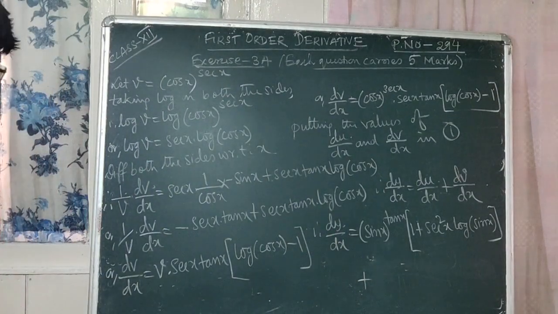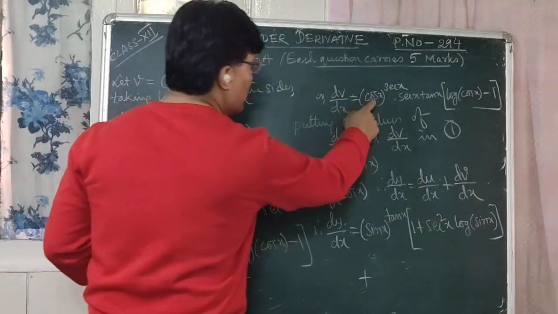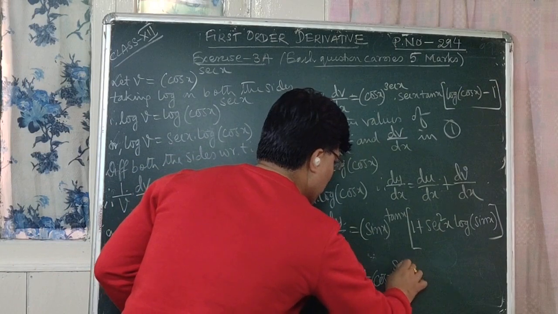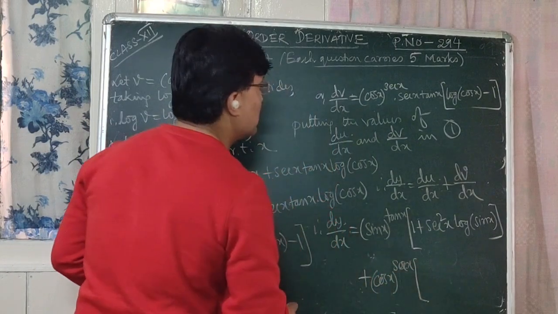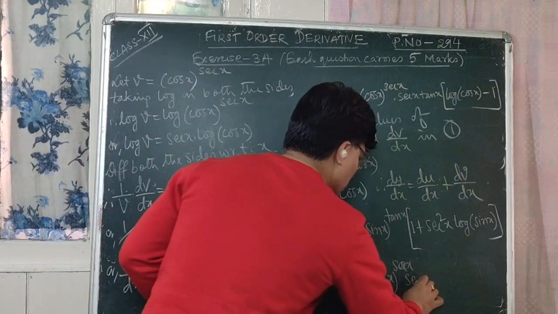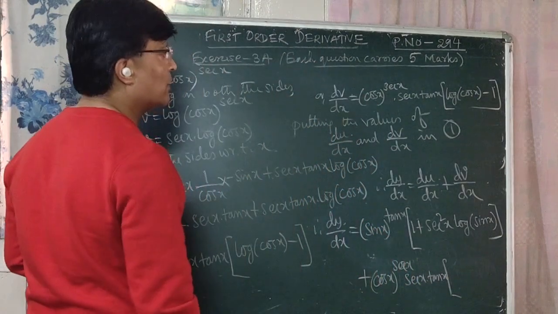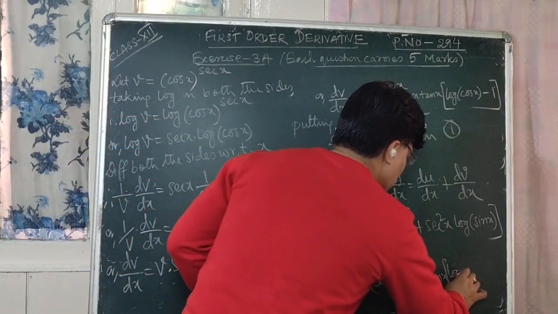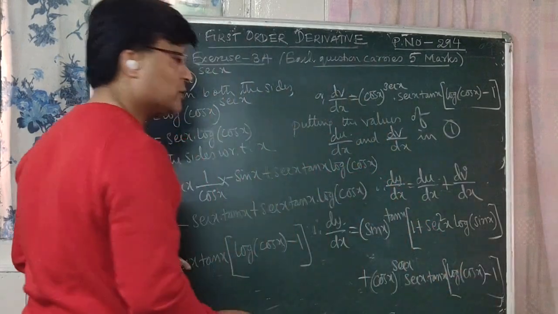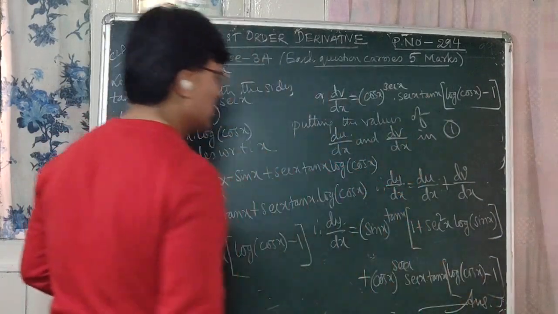Here dv by dx was this one. Now let us put this value of dv by dx here. It is (cos x) whole to the power sec x, first of all it is sec x tan x, and then within the third bracket, log of cos x then minus 1. So this is the final answer.